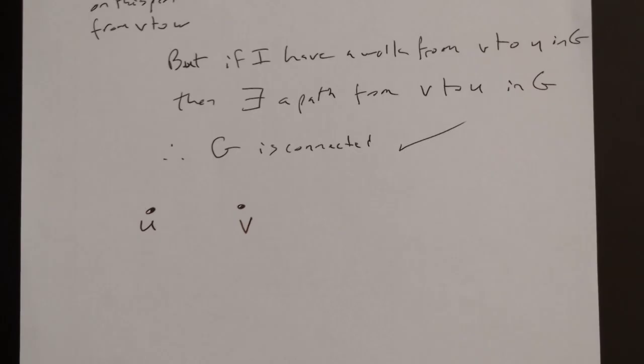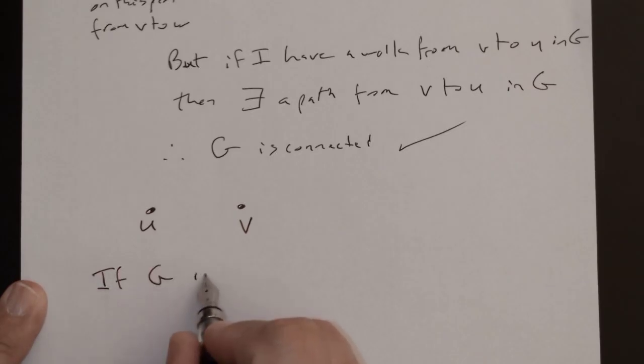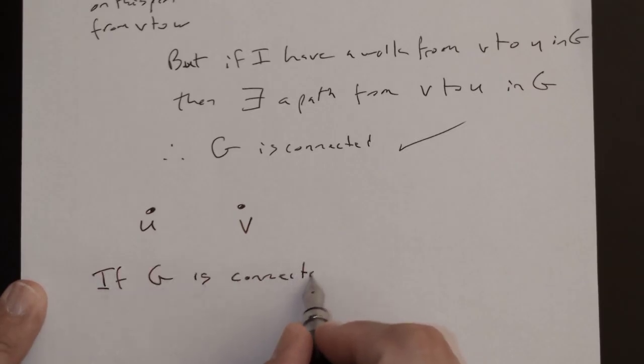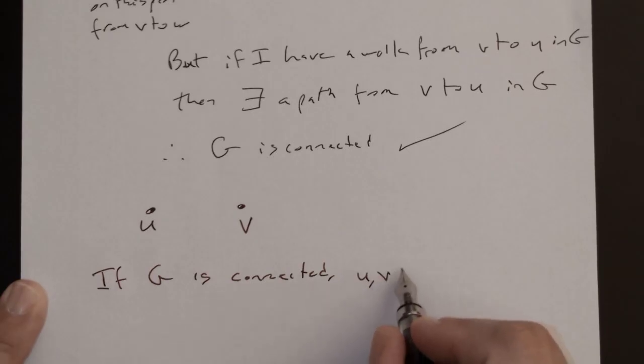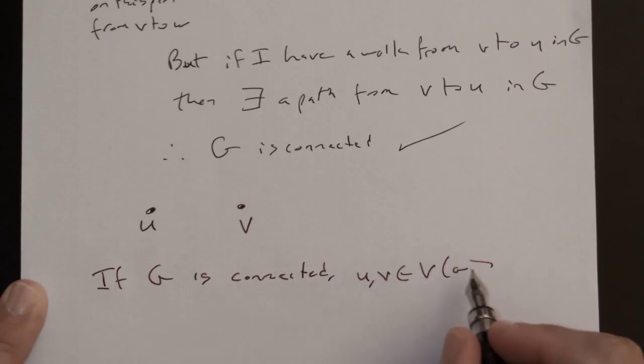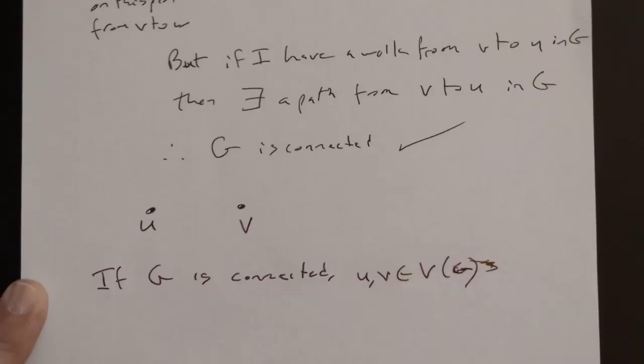I like connected graphs. They represent real maps and things like that. That's helpful. If I have a connected graph, and I pick two vertices in that graph, there might be more than one path between U and V, right?